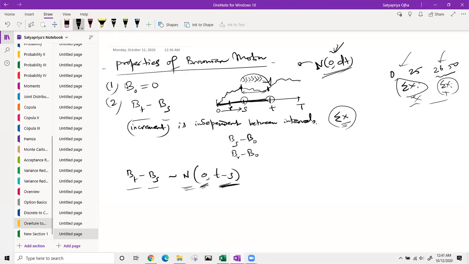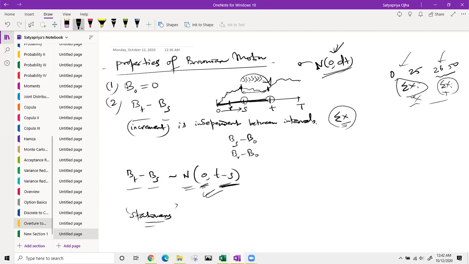So the property is Brownian motion increments are independent and identical, and this is the distribution. Another term is called stationary. If you have studied time series, you know what stationary means.